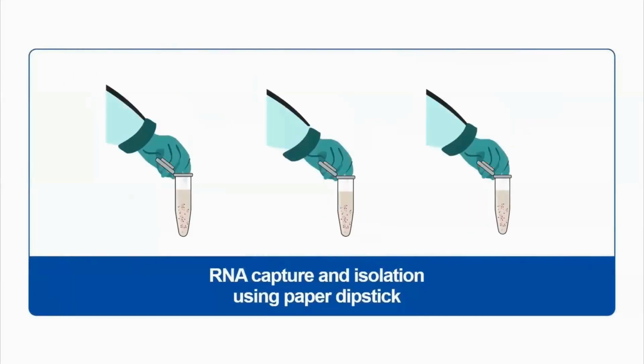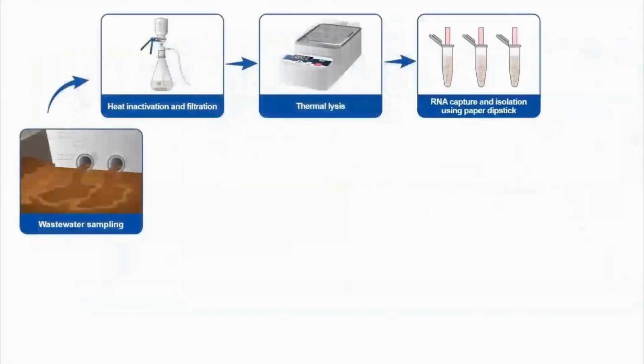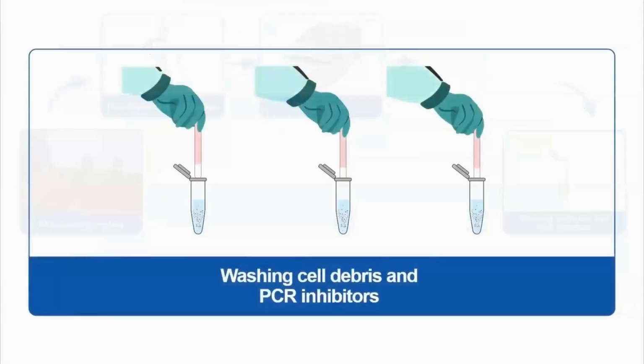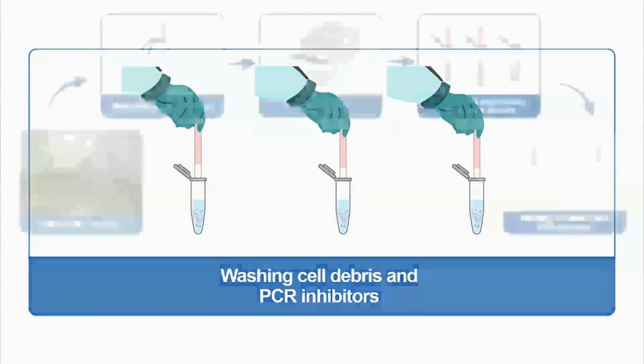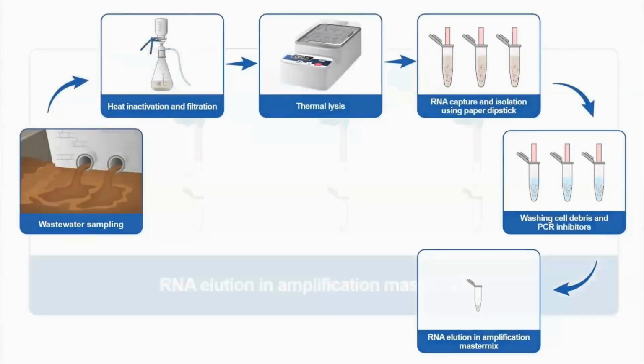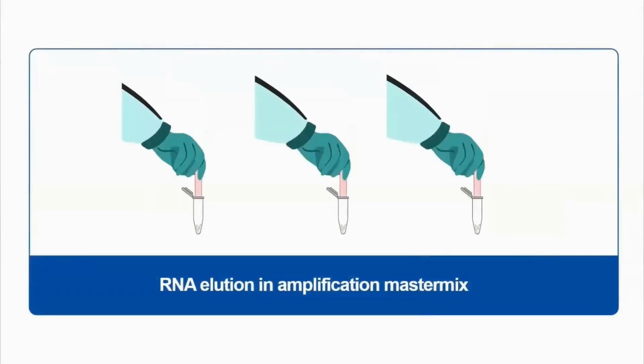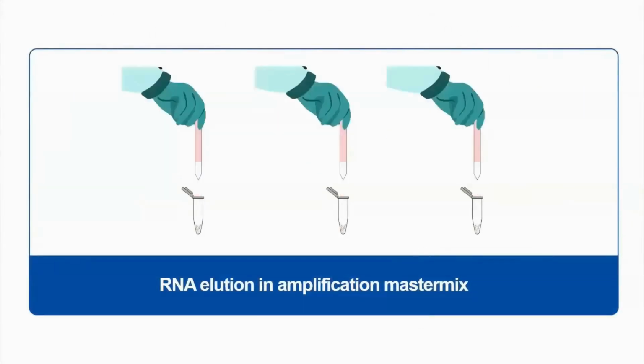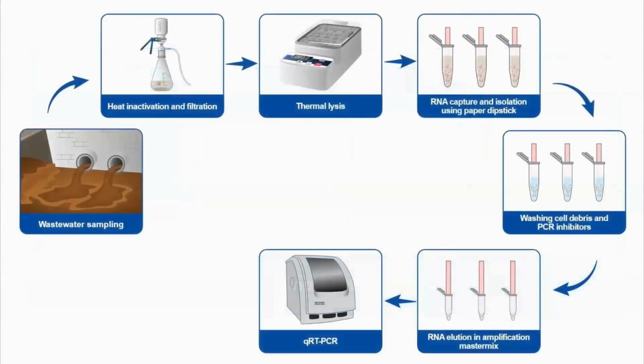The dipsticks are immersed several times in the tube to bind the nucleic acid to the cellulose. Then the dipstick is dipped in wash buffer to remove cell debris and impurities. Finally, the RNA is eluted by dipping the dipsticks in cDNA master mix. The cDNA is used as template for real-time qPCR, and the CT values for each sample are recorded.